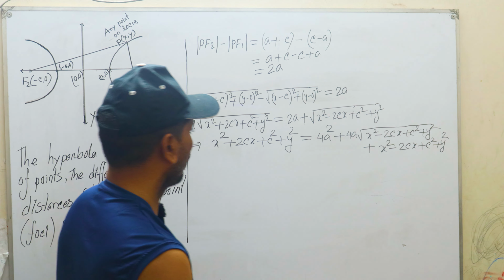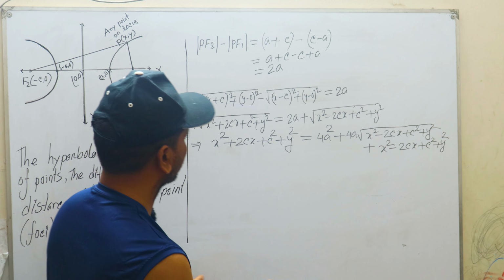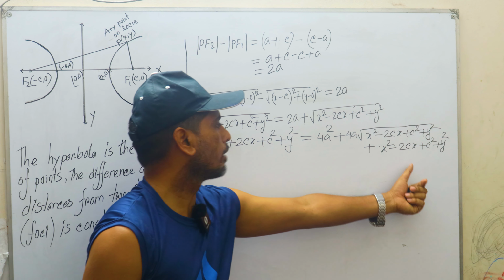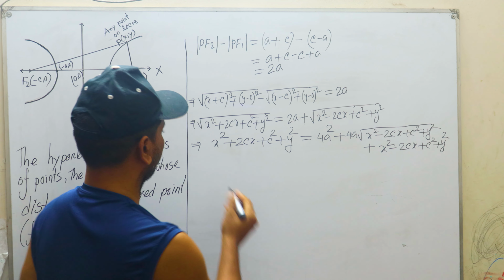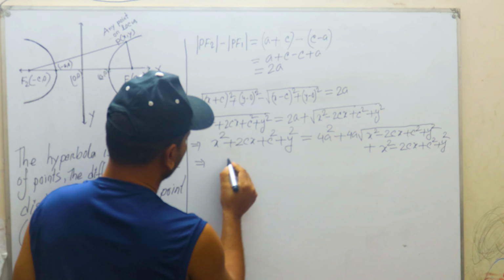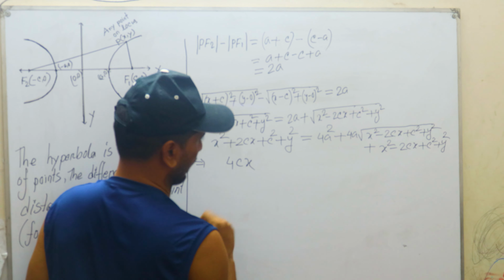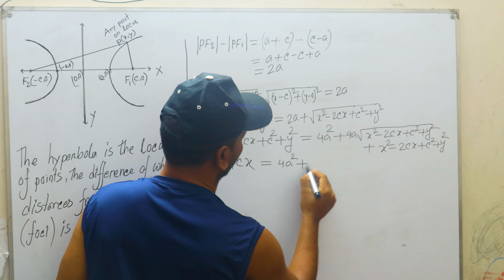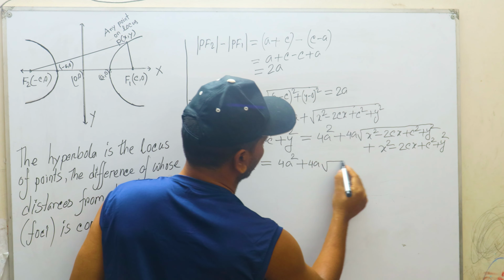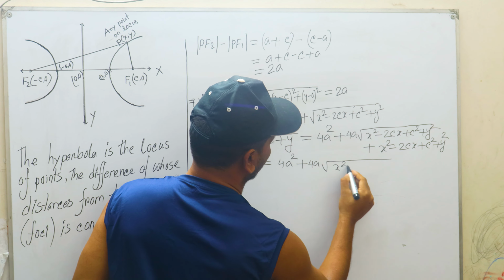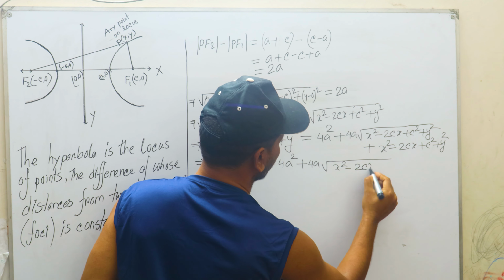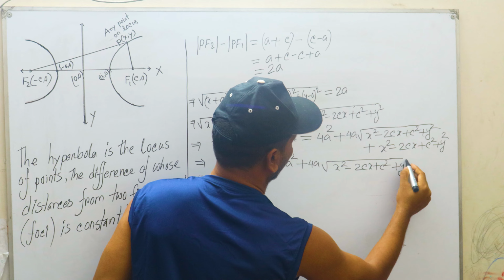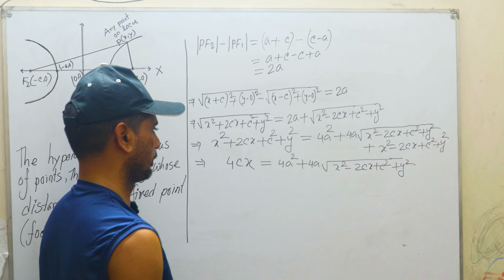So all these terms cancel, and I move minus 2cx from right to left. So it's going to be 4cx equals 4a square plus 4a square root of x square minus 2cx plus c square plus y square.